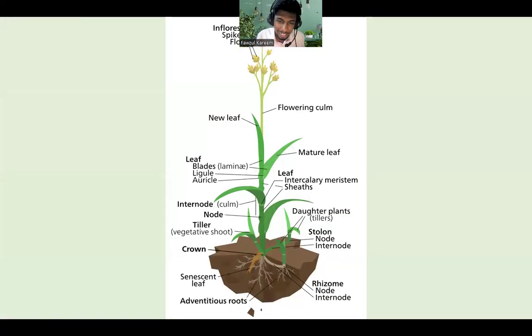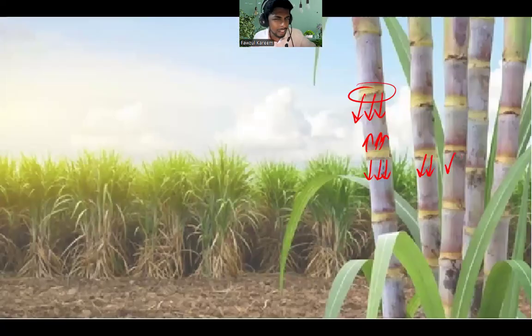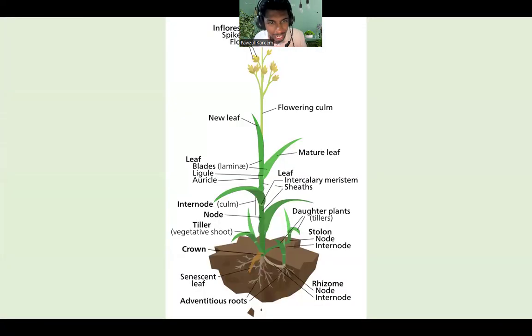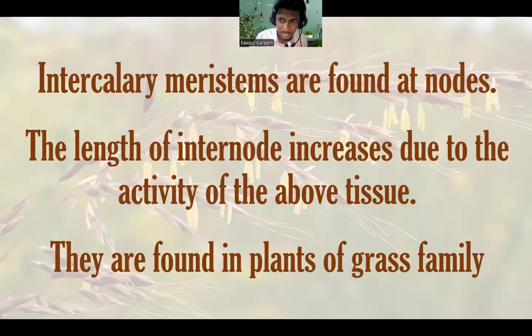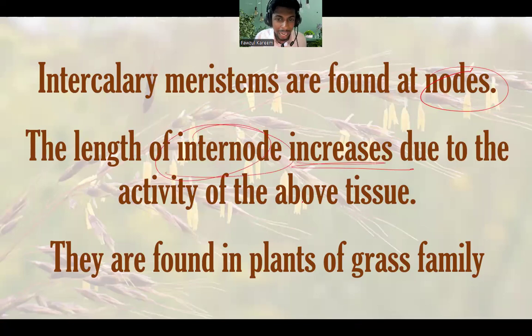In this grass family, that is the bamboo, the grasses and the sugar cane, at the nodes we have the intercalary meristem, so they produce new cells and the height of the plant increases. So intercalary meristems are found at the nodes, and the length of the internode increases due to the activity of this tissue. So they are found in the grass family.